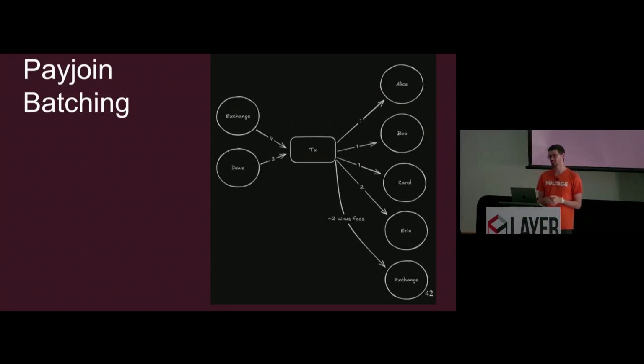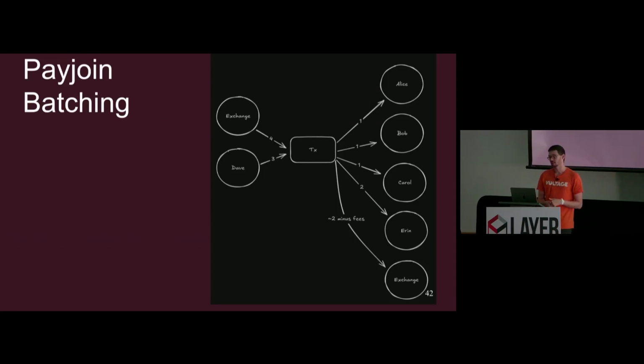The exchange can just say to Dave, hey, why don't you just use this as an input to this withdrawal transaction, right? And that way, that's one less transaction on the receiving side, on the depositor side.